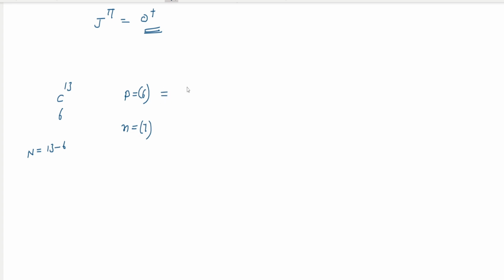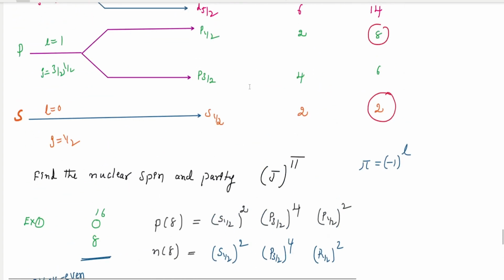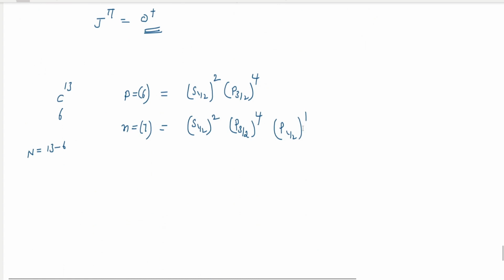If you arrange the protons: S1/2 with 2 protons, P3/2 with 4, so 6 is enough. For the neutrons: S1/2 squared, P3/2 with 4, and finally P1/2 with the 7th neutron.